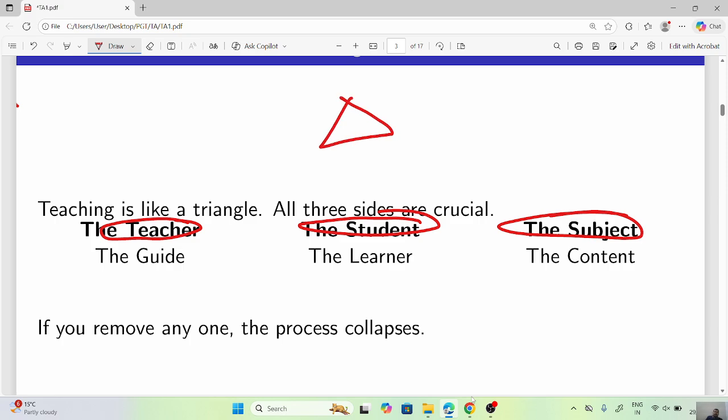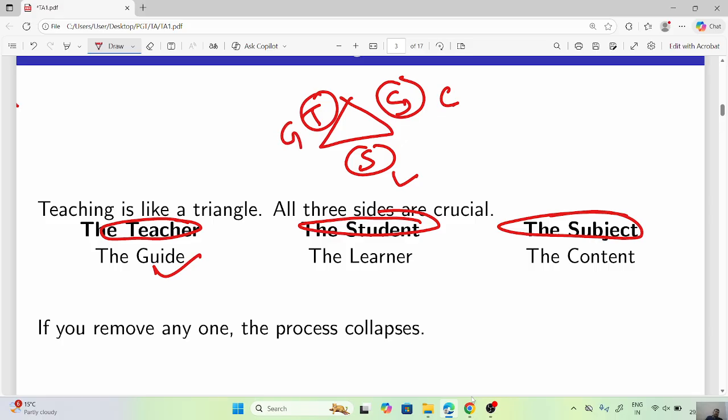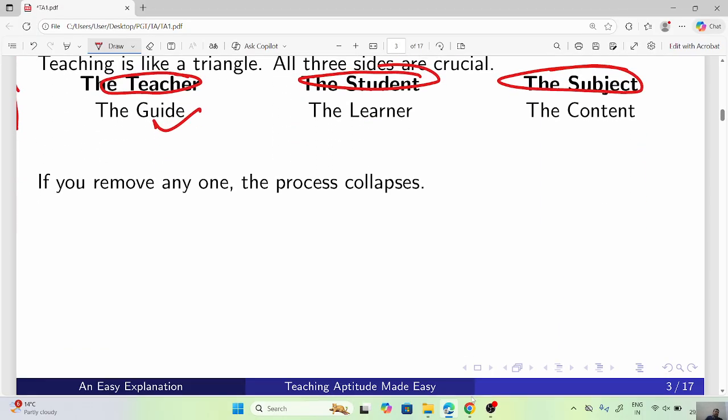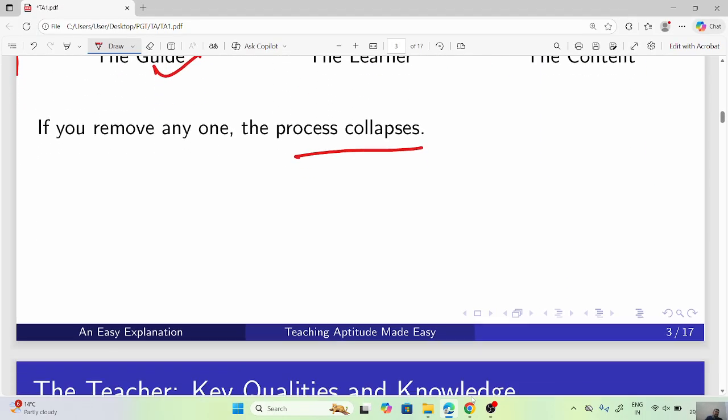It is a triangle: teacher, student, and subject. Okay, teacher is a guide, student is a learner, and subject is the content. If you remove one of them, then the process will collapse.